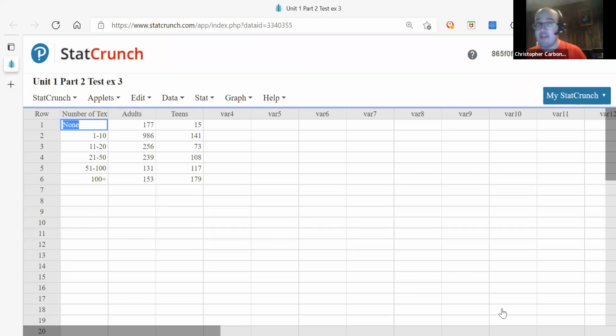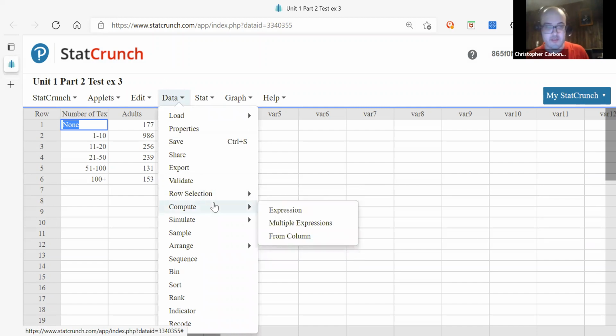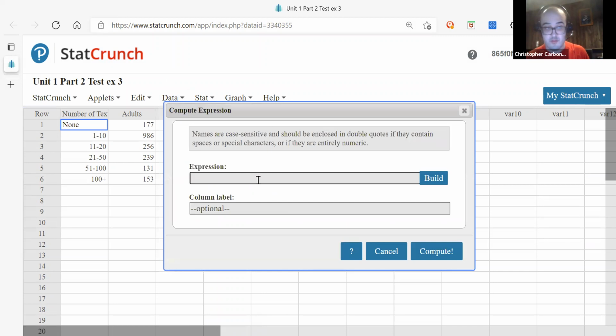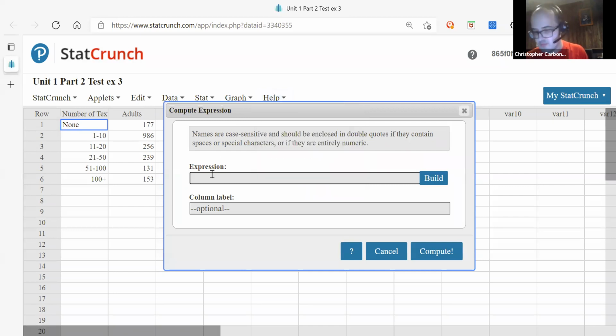And we can easily compute this without having to add everything up, divide, and all that jazz, by going to the Data option in our menu bar and then going down to Compute. And we are going to compute an expression. We are going to use the adults column first.